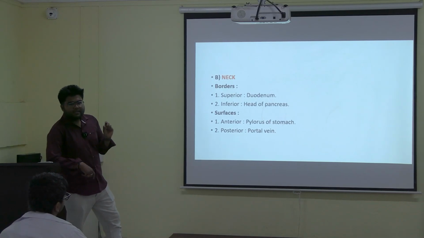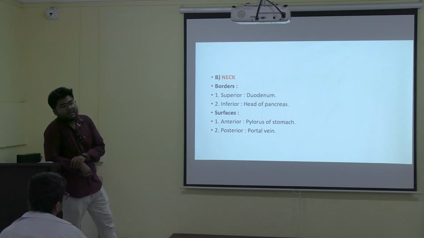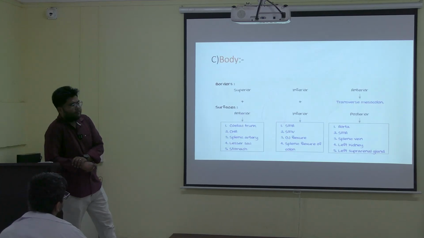By looking at the portal vein you can easily differentiate the parts of the pancreas, the head, tail and neck. So by looking at the portal vein you can easily identify the neck of the pancreas.